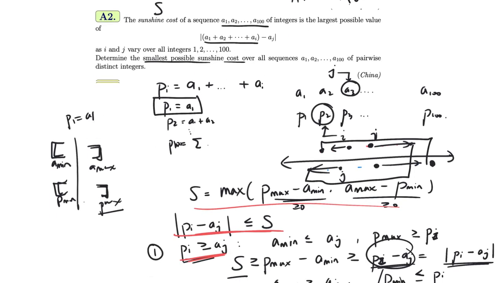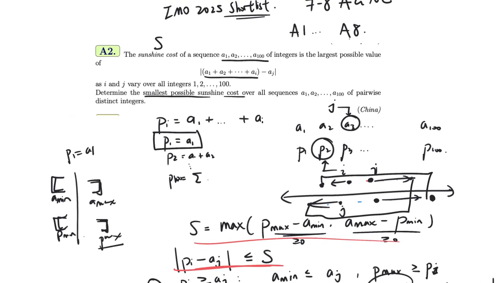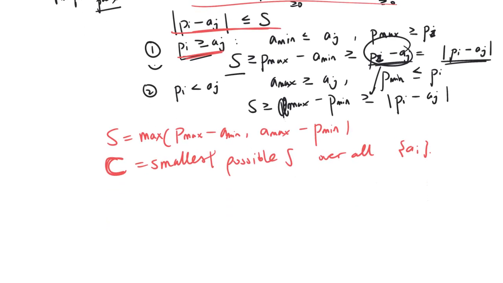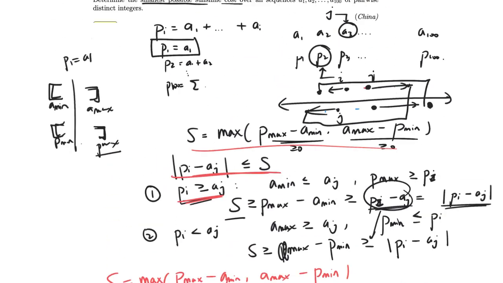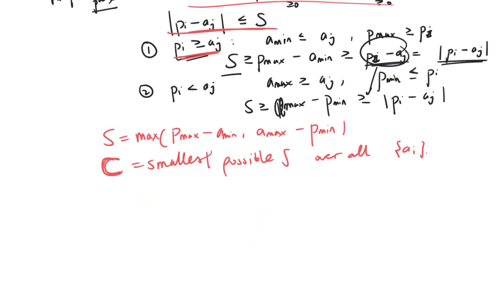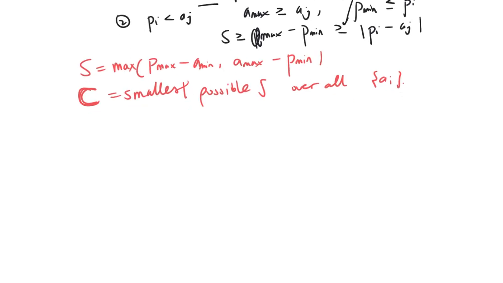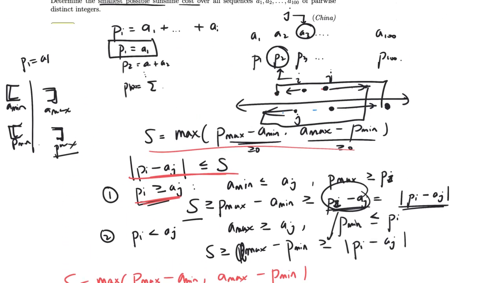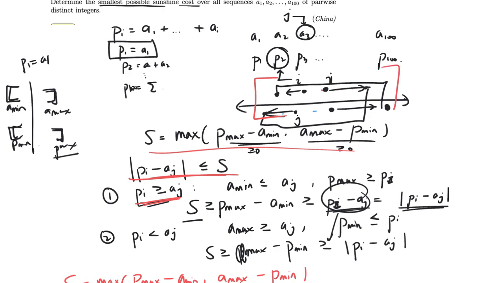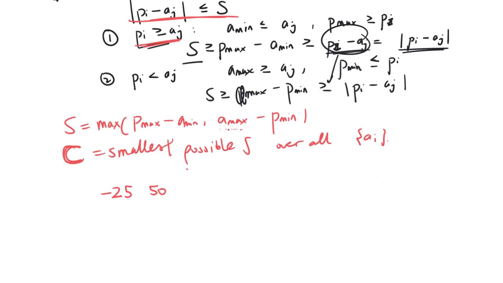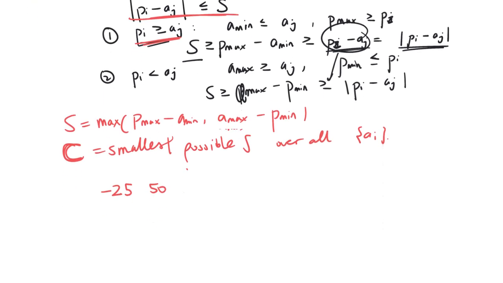Now, you can just play around with a lot of sequences, but let's try to construct a sequence that really minimizes this S. And I think it's not hard to see a sequence like this right over here. Intuitively, you want to keep the span of everything here as small as possible. So you actually want negatives and positives that cancel each other nicely and keep it very thin and condensed.